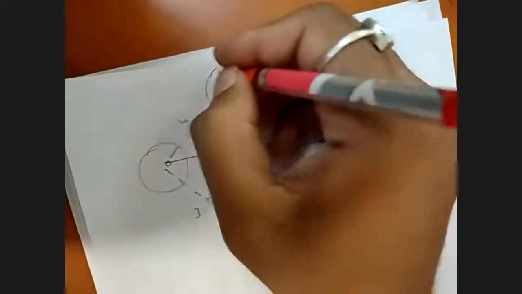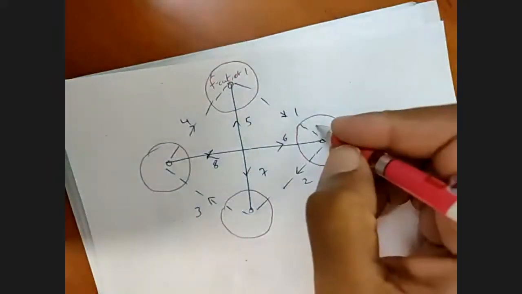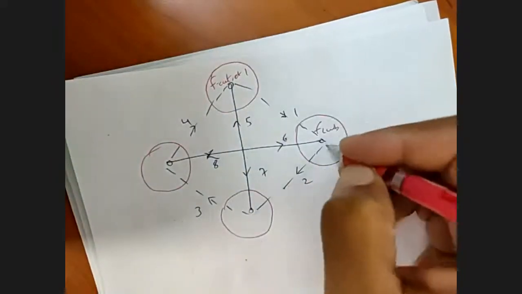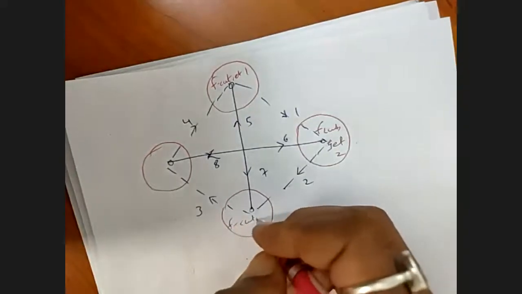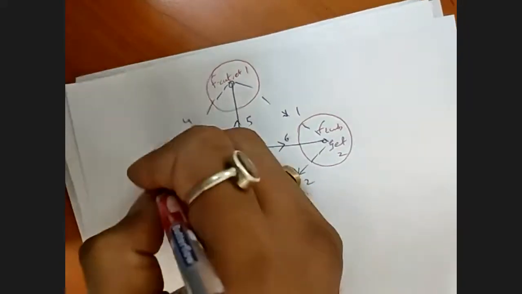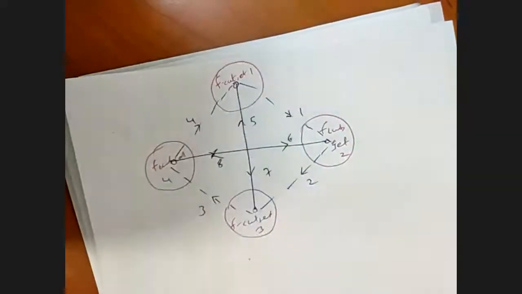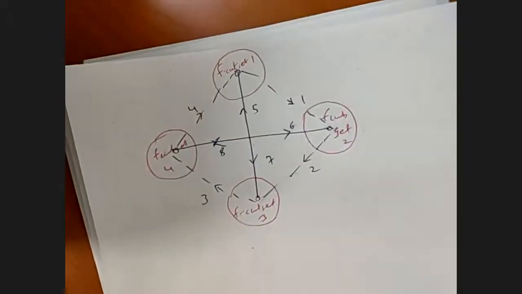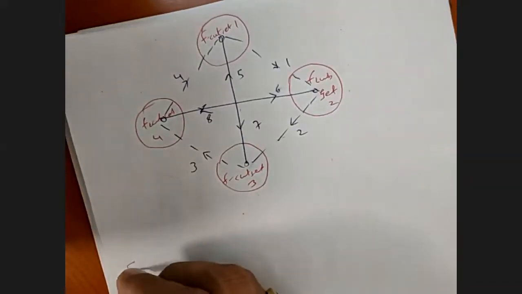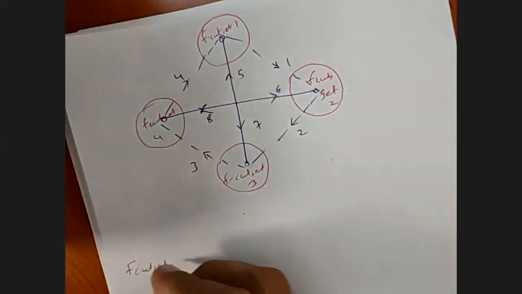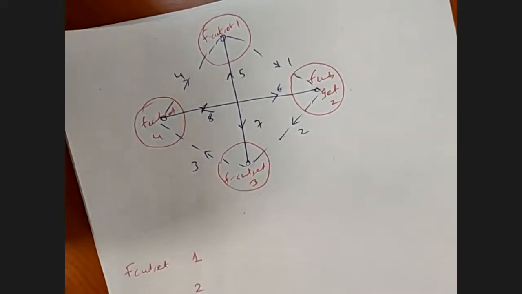So this is F cut set 1, this is F cut set 2, this is F cut set 3, and this will be F cut set 4.